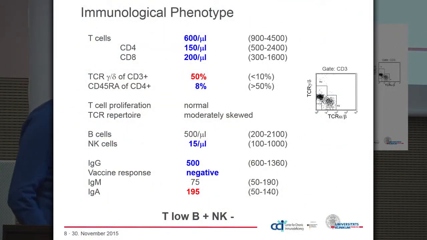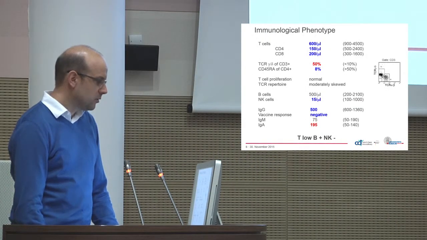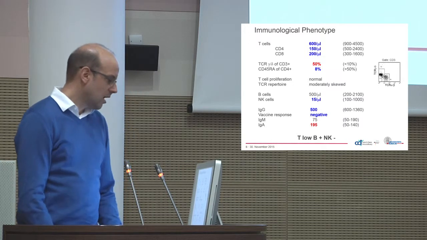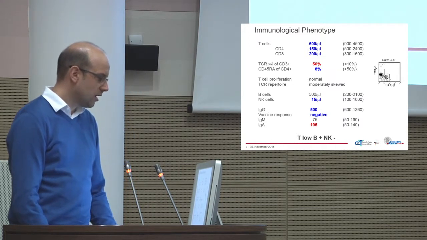So we looked at the immunological phenotype of this child and found that his lymphopenia was due to reduced CD4 and CD8 cells. He had an expansion of gamma delta T cells, shown here at 50%. He had reduced naive T cells, suggesting an impaired thymic output. However, T cell proliferation was perfectly normal.